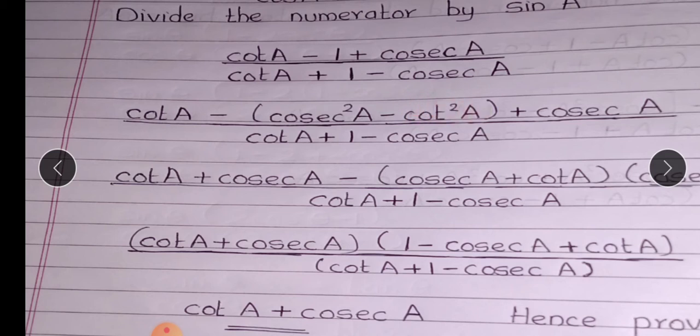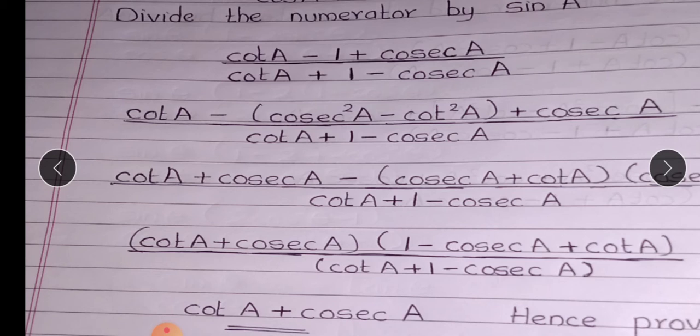Okay? Here also we are applying which identity? A square minus B square. Which identity? A square minus B square. I am taking cosec square A as A square, cot square A as B square. Okay.